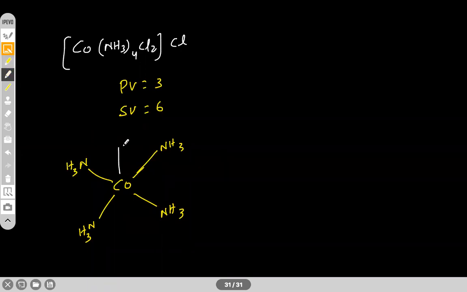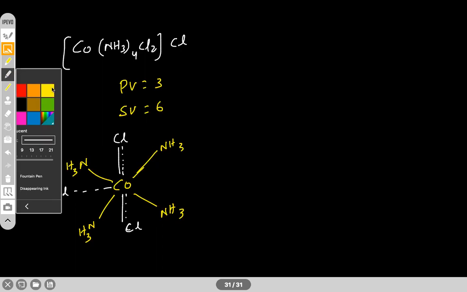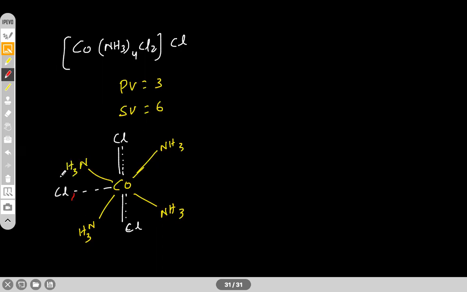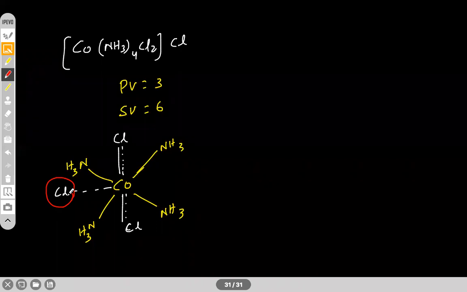So 1 chlorine and then 1 chlorine. The number of ionizable chlorine is only this one. Let's say I will circle it. Ionizable chlorine is only this one. Correct?